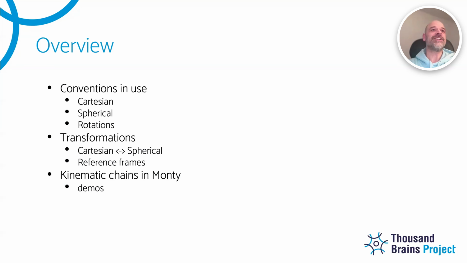Okay, so let's go ahead. I didn't know what to call this thing, so spatial it is. I figured we could kick off by talking about these de facto conventions that are in Monty, some explicit, some implicit. I think we can all agree it'd be better to be explicit about all the conventions in play. That involves Cartesian coordinate conventions, spherical coordinate conventions, rotations.